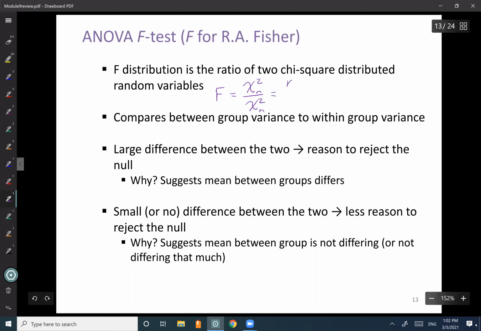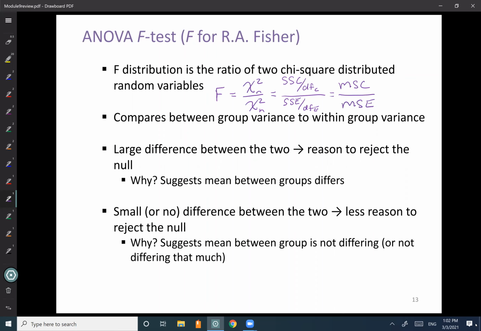And for the ANOVA test, this is going to be the sum of the squares for the treatments divided by the degrees of freedom for the treatments, divided by the sum of the squares of the error divided by the degrees of freedom for the error, which equals the MSC, the mean square for the groups, divided by the mean square error.